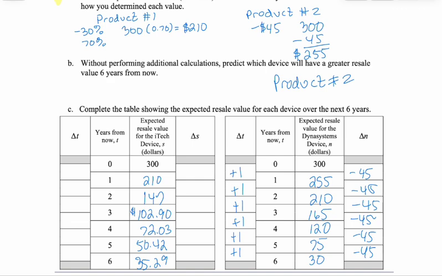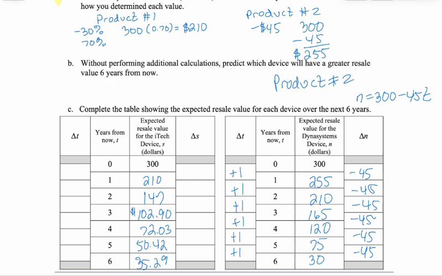If we had an equation for this one, it would be that the amount of dollars is 300 minus 45t. That's an example of a linear equation.